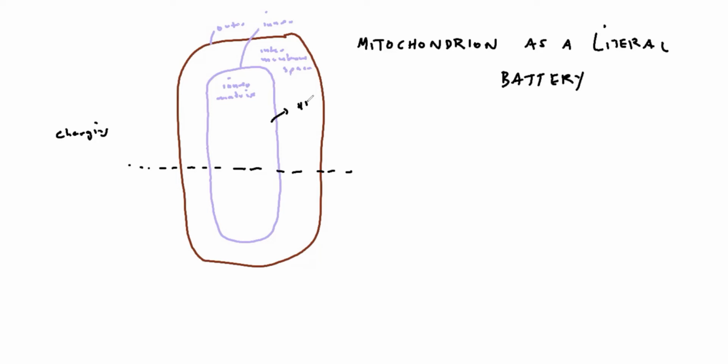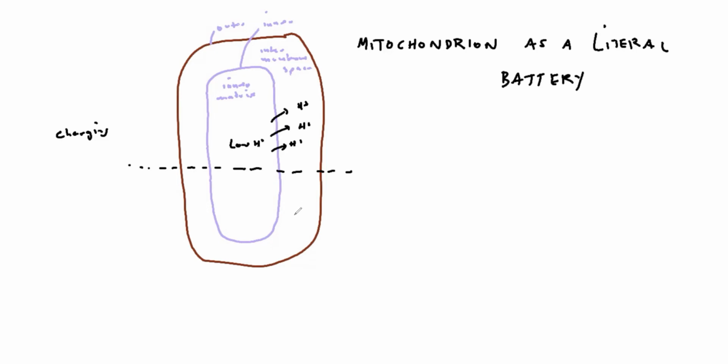Consequently, we make a high concentration of hydrogen ions in the intermembrane space and low hydrogen ions in the inner matrix. This is an example of active transport, only the mechanism of moving these hydrogen ions is the electron transport system.